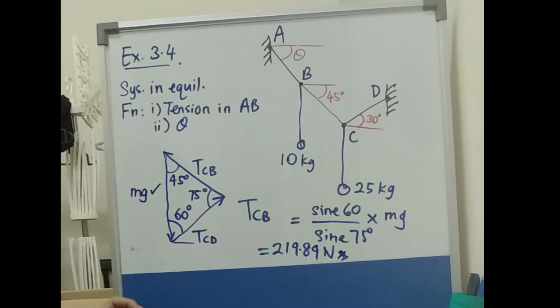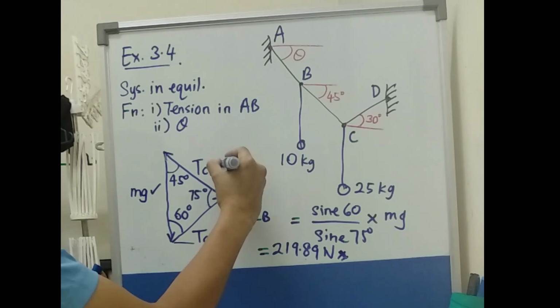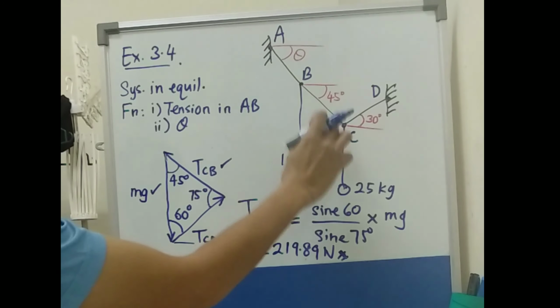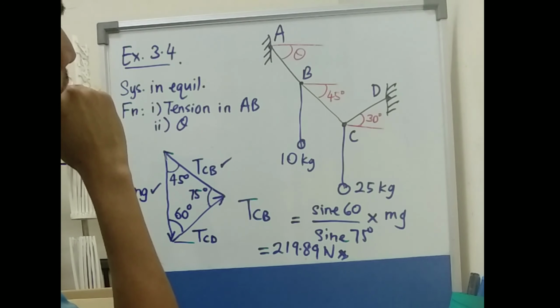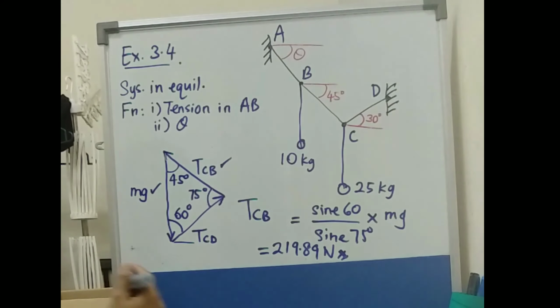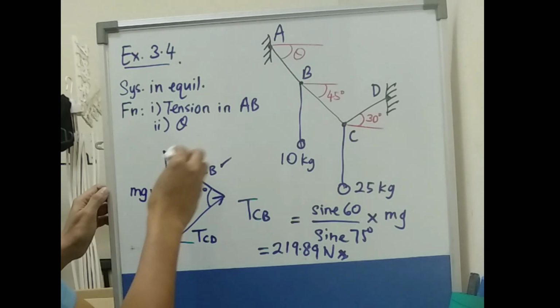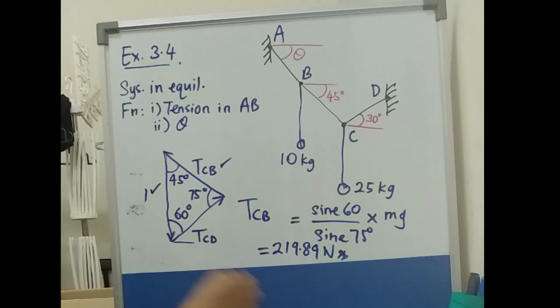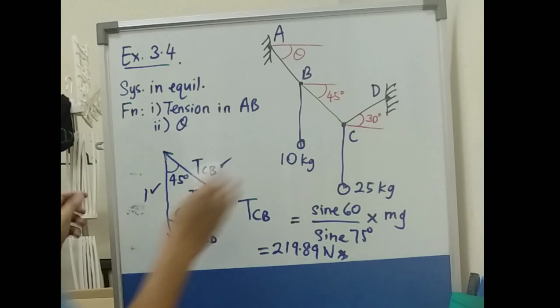Okay, you get your TCB, 219.89 Newton. Once you have your TCB, we need to proceed to the other point. We need to look at point B, the forces acting on point B. So you have your TCB of 219.89. What you need to do next is to draw your FBD for point B.